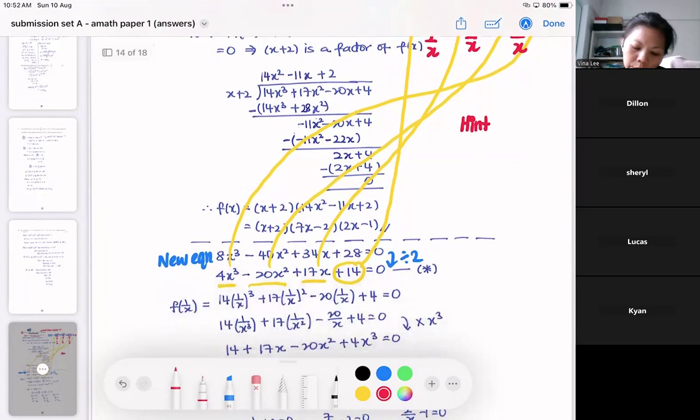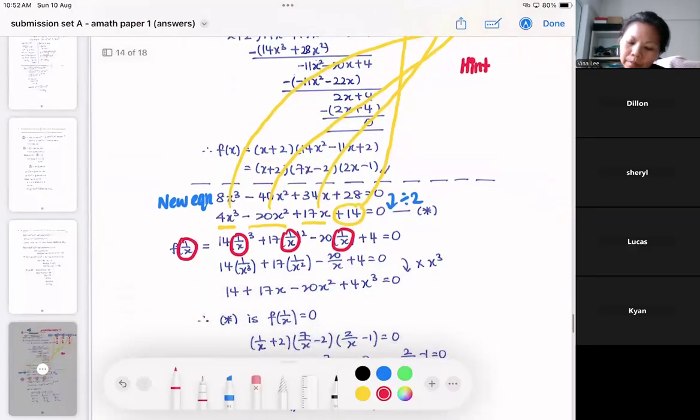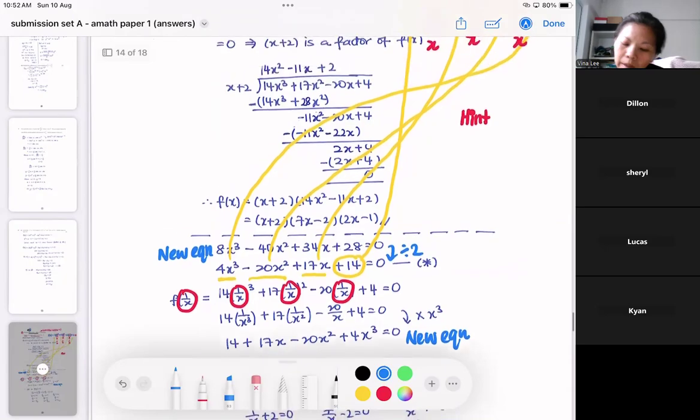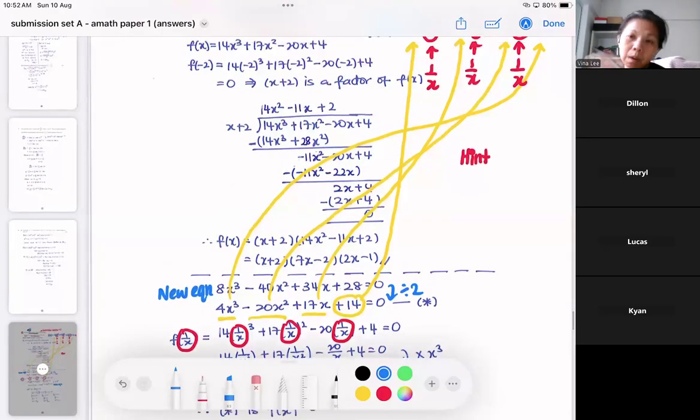So I'm going to try out changing the original x to 1 over x, and I get the new equation. Maybe some of you will be thinking, how will I know it's 1 over x? The hint will be the numbers are all there, except that the position has changed.